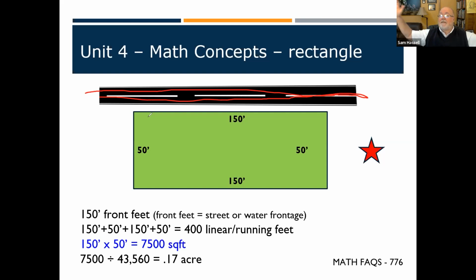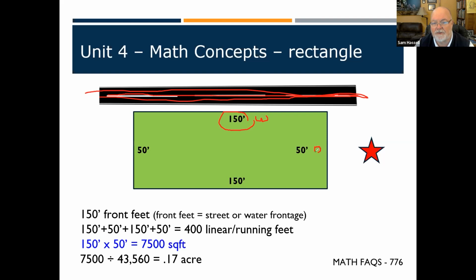And that's the most important piece of your property, what I can see from the street. Now, the depth is relatively important when I'm looking for total size, but I could purchase that property based on front footage. In this particular case, we have 150 feet of front foot. So along the street, we have 150. So this would be width. And this 50 would be depth.